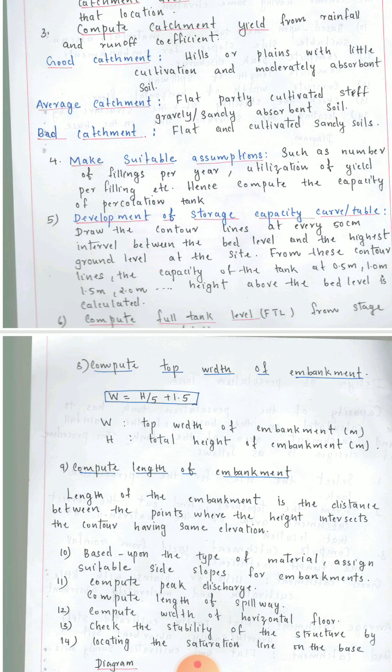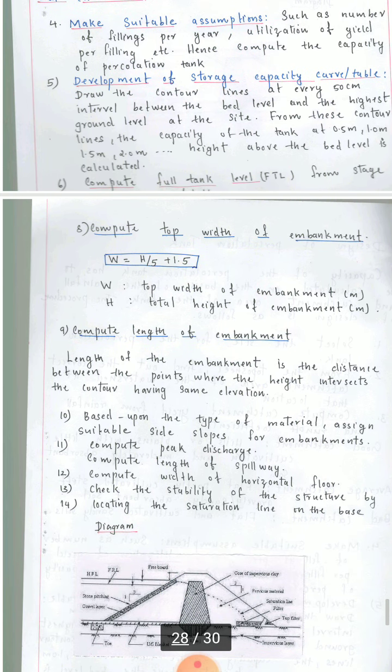Next, the fourth procedure is to make suitable assumptions such as the number of fillings per year, utilization of yield per filling, etc. Hence compute the capacity of the percolation tank. So depending upon the inflow and the recharge, we will be deciding the capacity of the particular catchment, how much it can be recharged. So some assumptions will be followed.